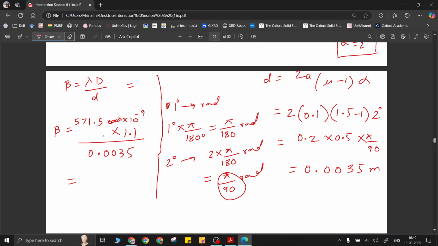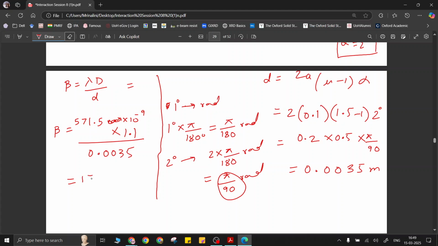Now when I calculate this, 571.5 multiplied by 1.1 divided by 0.0035, this will give us some value.